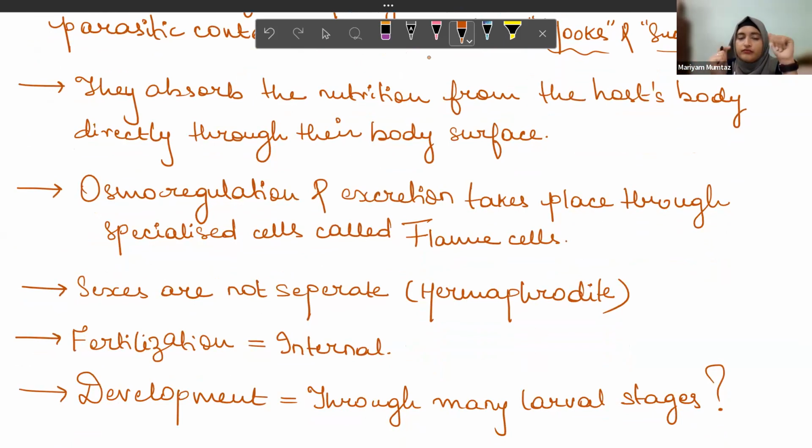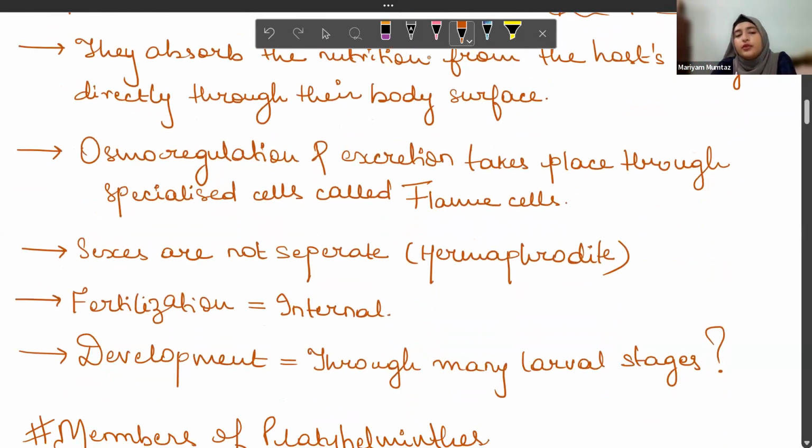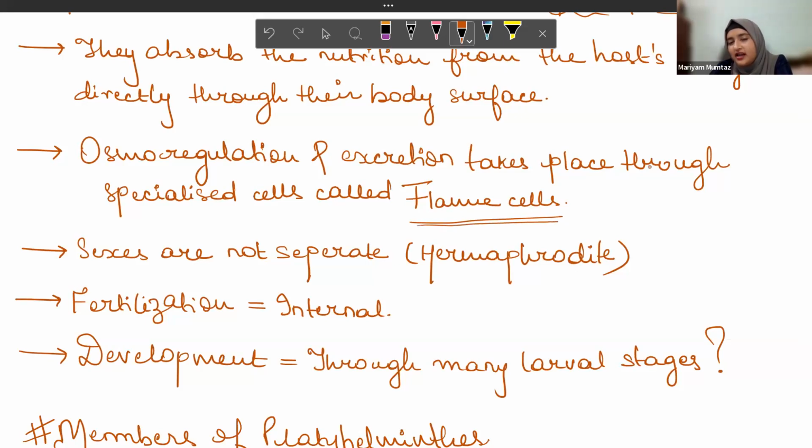Clear? Now, osmoregulation and excretion take place through specialized cells known as flame cells. Flame cells are the types of cells which help the Platyhelminthes to excrete the waste product and also to osmoregulate. Now, do you know the meaning of osmoregulation? It's related to water. Regulate the water.